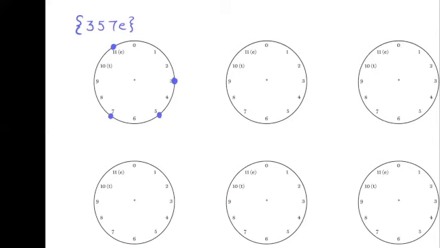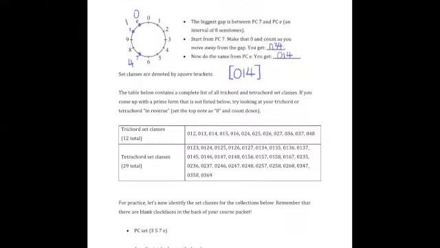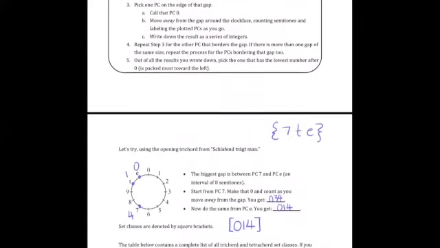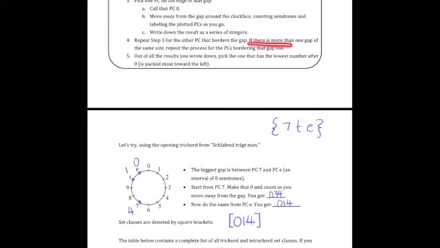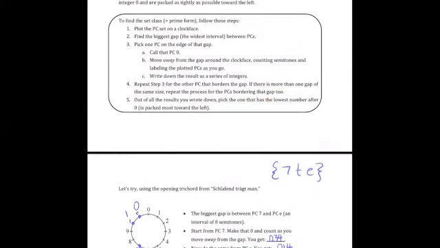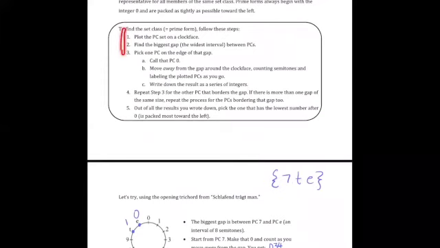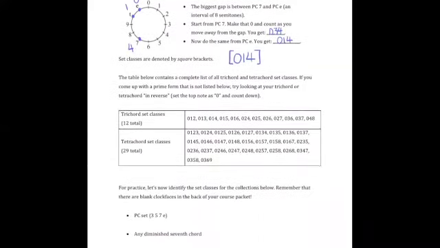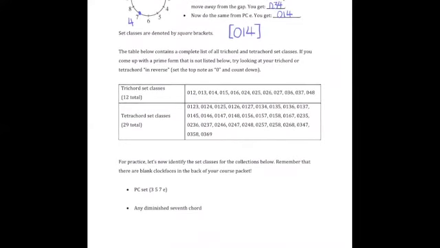So this brings us back to the comment on the second half of step 4. If there is more than one gap of the same size, repeat the upper steps for the PCs bordering that gap as well. So you are going to be doing steps 1 through 3 a few extra times for this particular PC set.